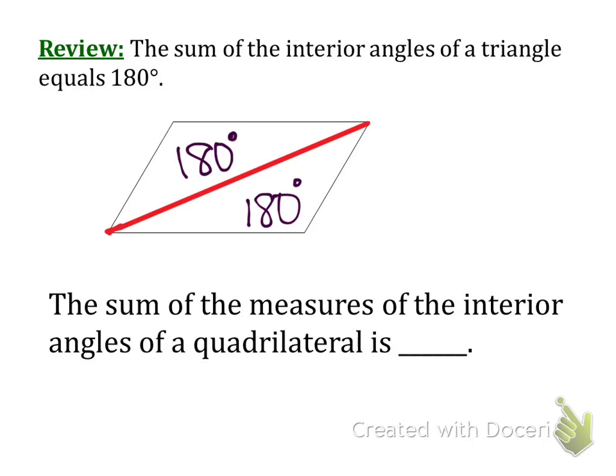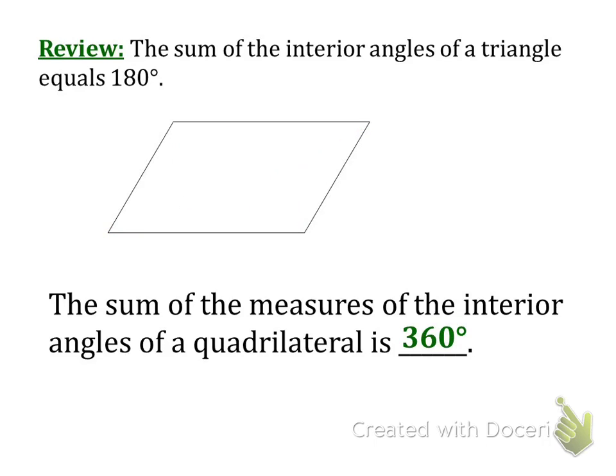So what's the total inside a quadrilateral? 360. So the sum of the interior angles of a quadrilateral has to be 360. So now I'll be able to find missing angles inside. If I figure out how much I see already in each corner, add those up, take it away from 360.